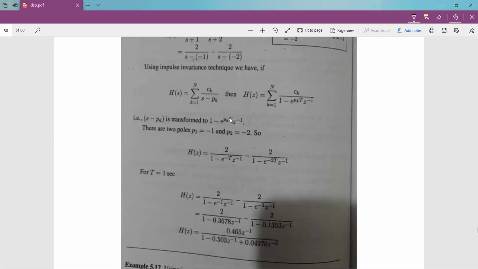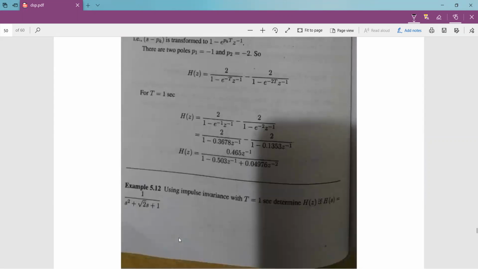So here, by transforming the individual term into the corresponding digital form, the Hz expression of the final digital filter can be obtained, and after that, the last step will be combining all the terms together, and the Hz will be the final form of the filter.